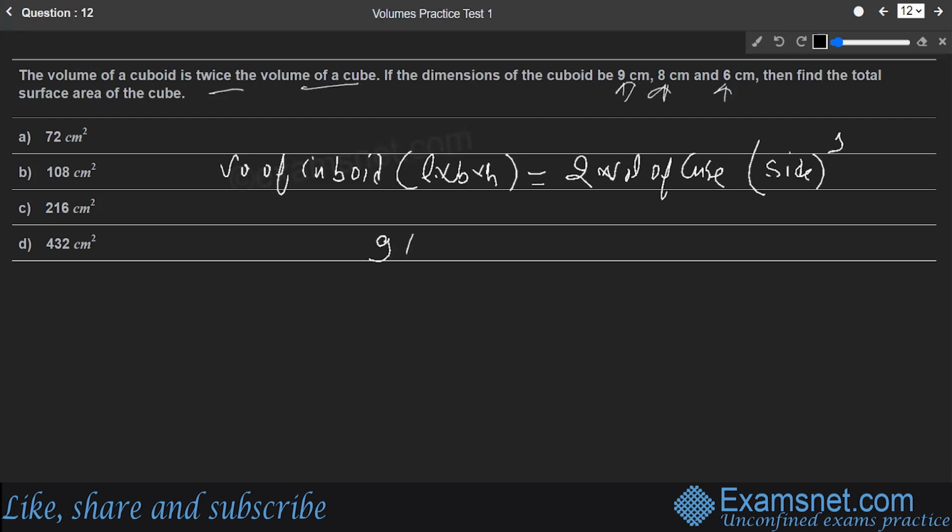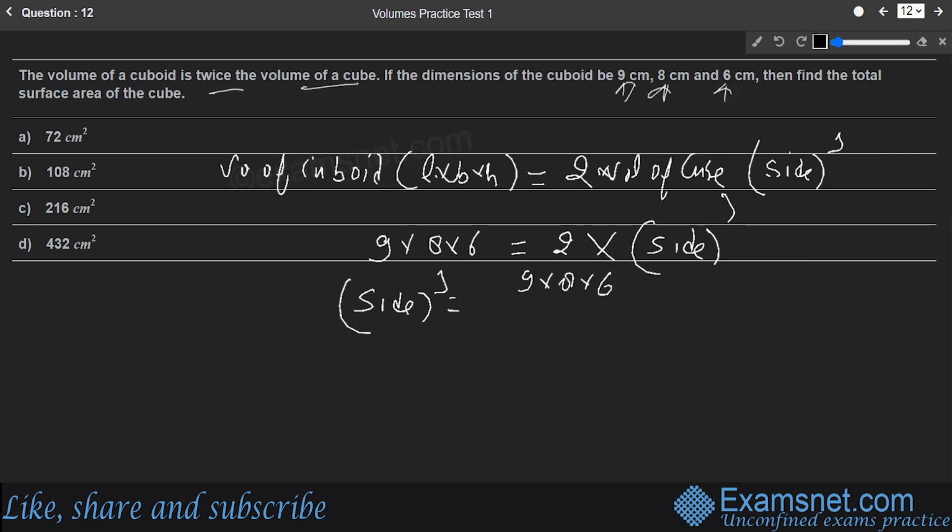So 9 into 8 into 6 is going to be equal to twice the volume of the cube, that is twice side cube. So side cube comes out to be 9 into 8 into 6 divided by 2, which is nothing but 216 centimeter cube.